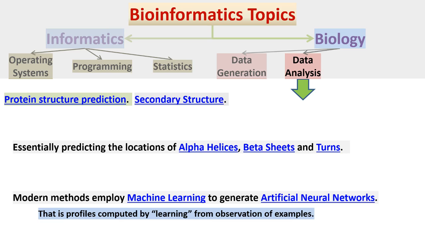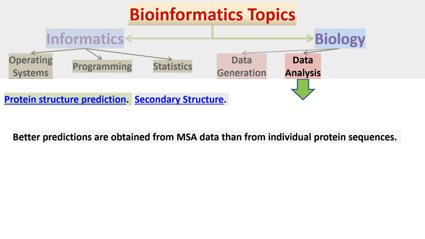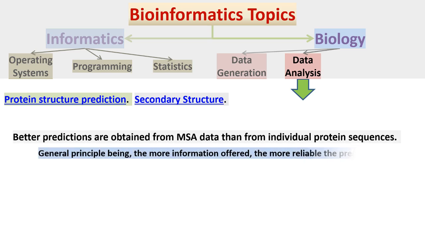Used appropriately, this approach has generally proved more effective than conventional rule-based strategies. So better models? But once those models are determined, their implementation is not dissimilar to those described above for patterns, HMMs, and similar. Secondary structure can be predicted for an individual protein sequence or from an MSA of homologous protein sequences.